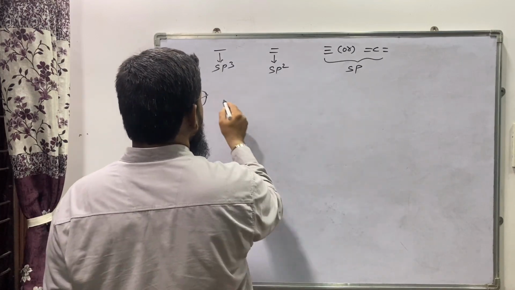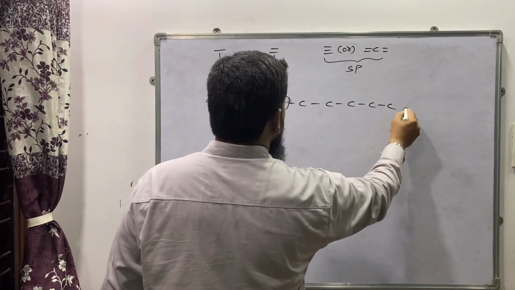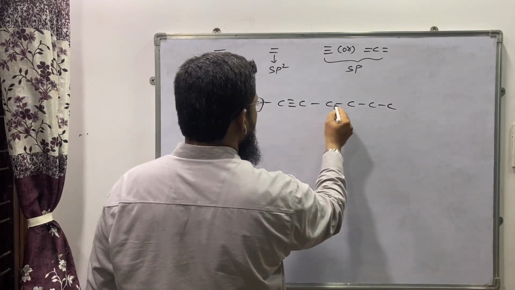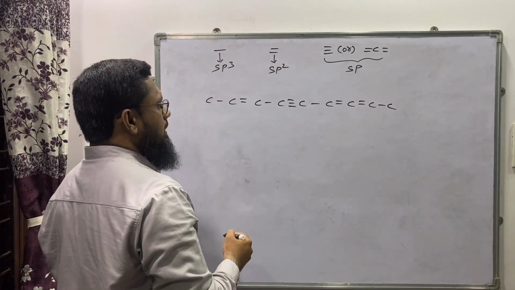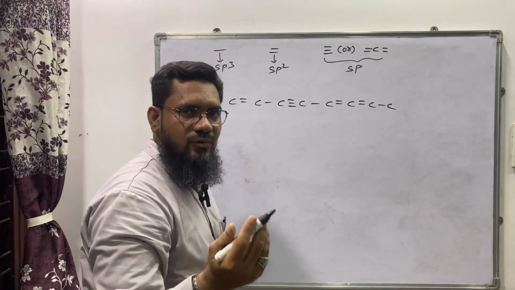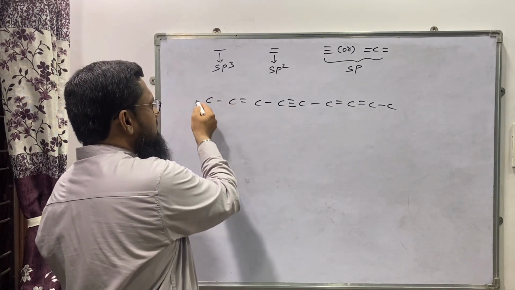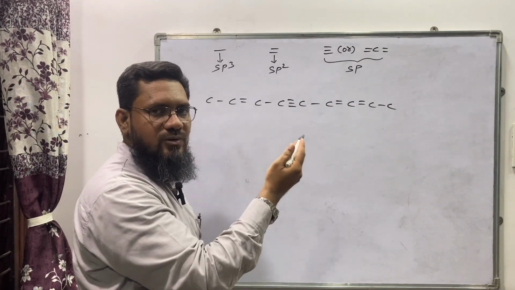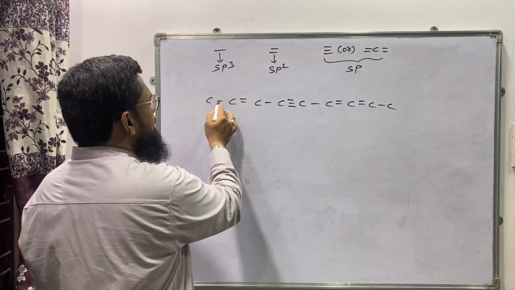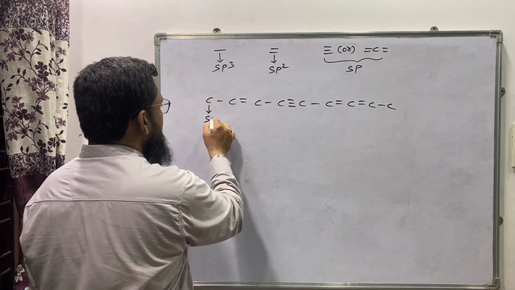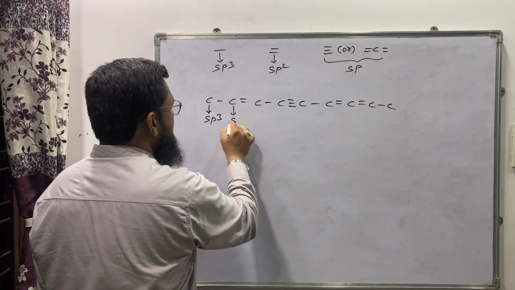Okay, now let's see the example. Here we have the double bond, here triple bond, then here is the double bond, double bond. Now you know carbon can form the 4 bonds. Carbon is tetravalent. So here carbon has 1 bond, which means obviously the remaining 3 bonds are with the hydrogens. So by default, whatever the number of bonds less, we take the hydrogens. Now carbon is having 1 bond, so we take the sp3 hybridization. Carbon single, double. Double bond means we take the sp2 hybridization.